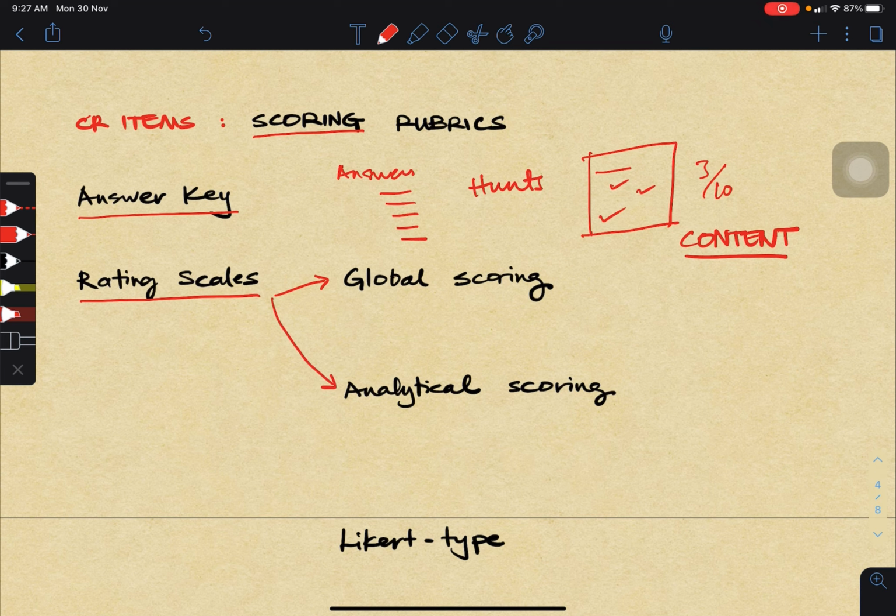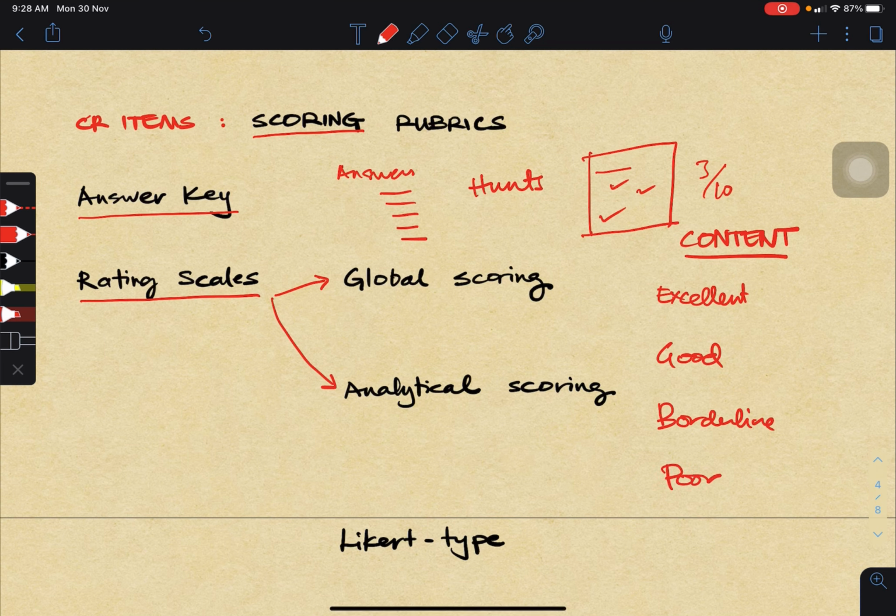For example, if you want to give marks for the candidates, you have a scale of, let's say, excellent, good, borderline, poor.